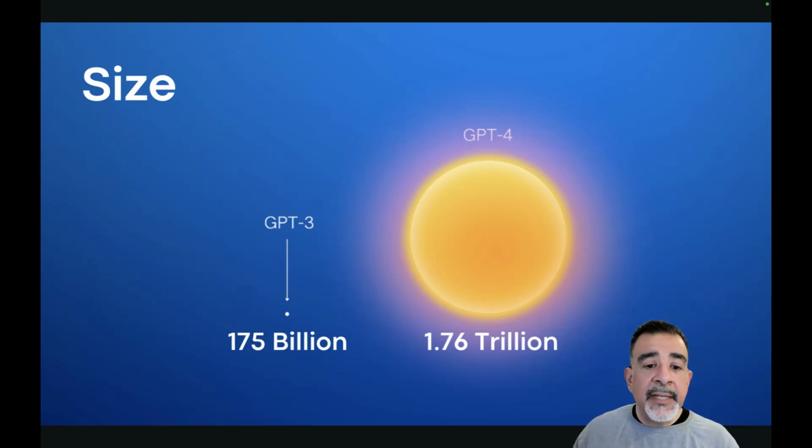So GPT-3 had 175 billion of those dials. GPT-4, by comparison, we believe, because it hasn't been released publicly, but the estimate is about 1.76 trillion little dials, or weights and biases, or parameters, to make it more accurate.